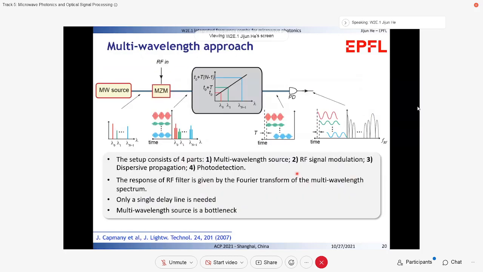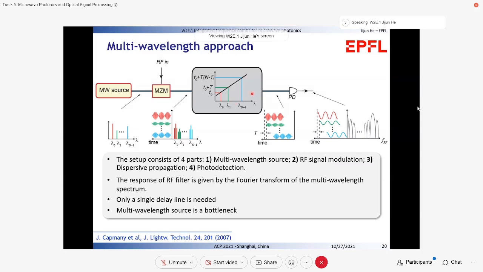So one of the approaches of making an RF filter based on the tapped delay line structure is using the multi-wavelength source together with dispersive propagation. So here shows the concept, and it contains four parts. First, the multi-wavelength source has to be generated, and second, the microwave signal is modulated on the multi-wavelength source.